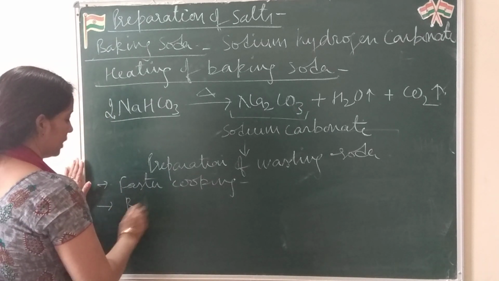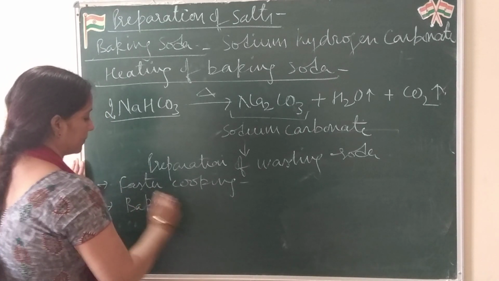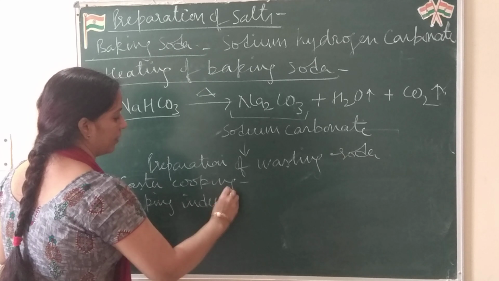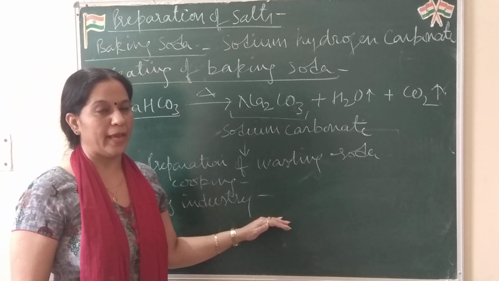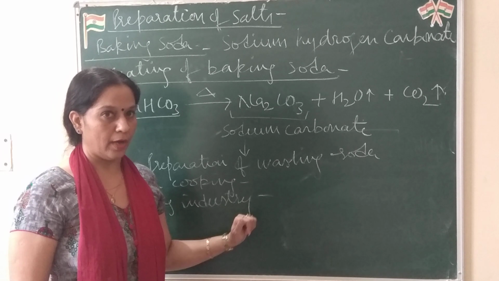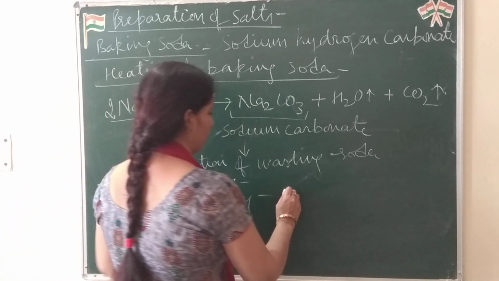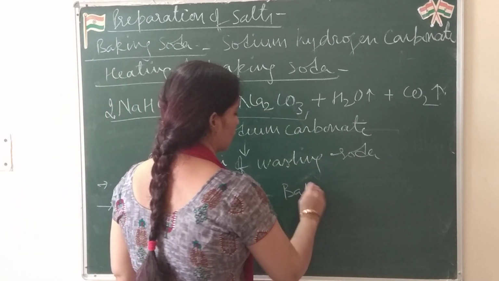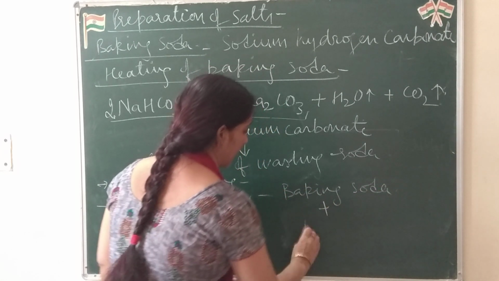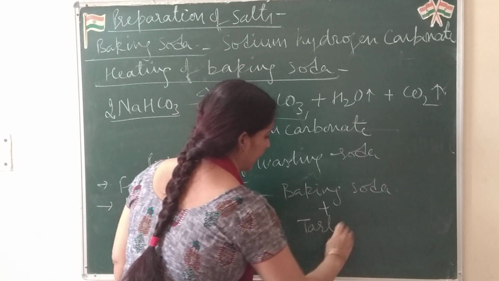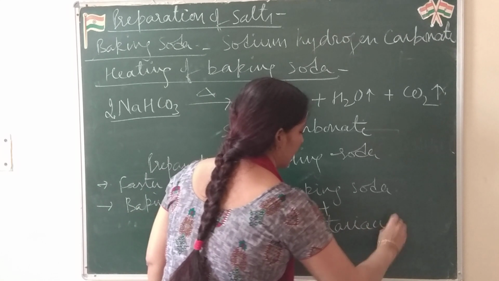Now, apart from this, it is used in the baking industry. Everybody knows it is about the baking of bread, cakes, etc. Here I will tell you one more thing: baking soda is mixed with an acid, tartaric acid.